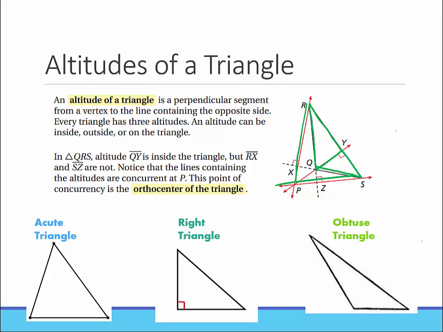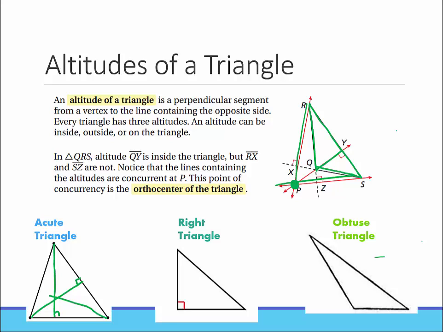So notice that the lines containing the altitudes are concurrent at point P. Remember, that's when 3 or more lines intersect. This concurrency is called the orthocenter of the triangle. So in an acute triangle, when you draw your altitudes, they're going to be inside your triangle.